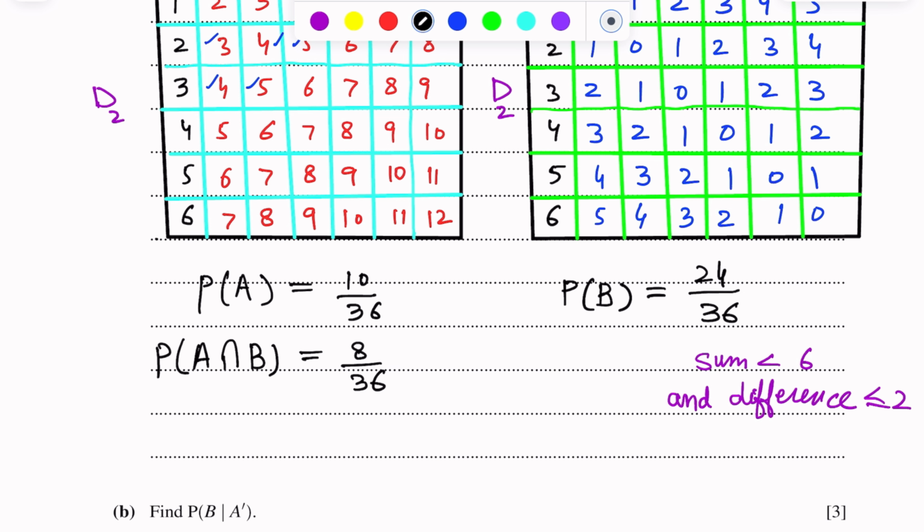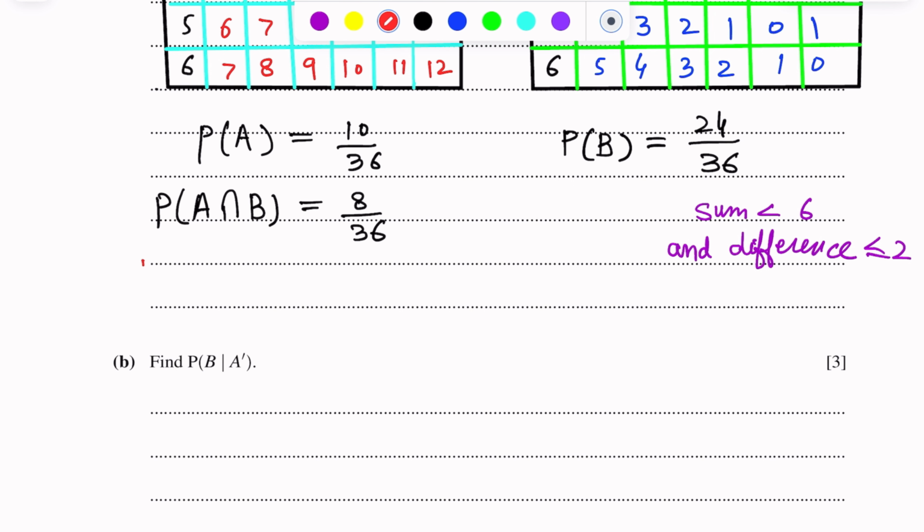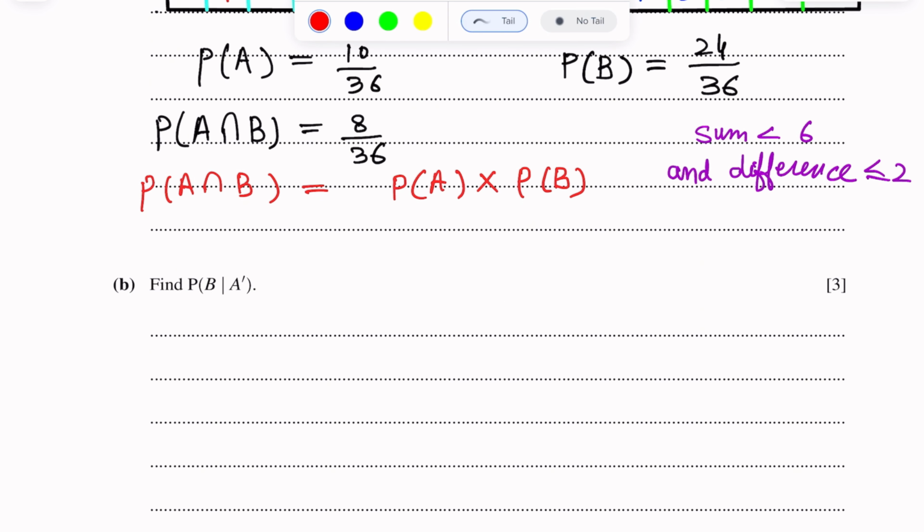Now we will apply the formula of independent events. The formula for independent events is probability of A intersection B is equal to probability of A multiplied by probability of B. Now putting the values here, probability of A intersection B is 8 over 36.